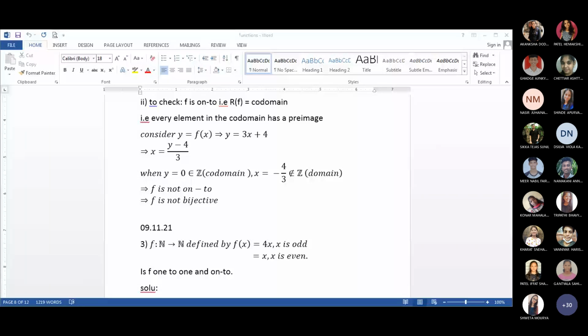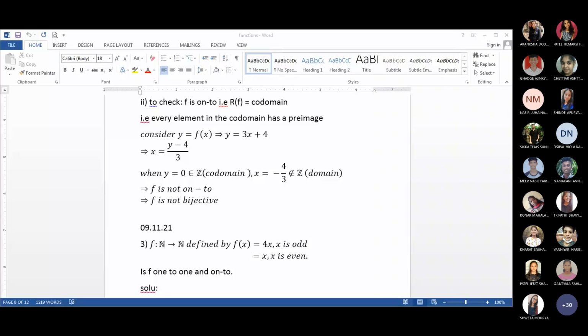Is the function x cube one-to-one? Check out. Okay, it is one-to-one. Fine. x cube is one-to-one, because when you take f of x equal to f of y, that is x cube equal to y cube, then you will come to the conclusion that x is equal to y. So it is a one-to-one function.